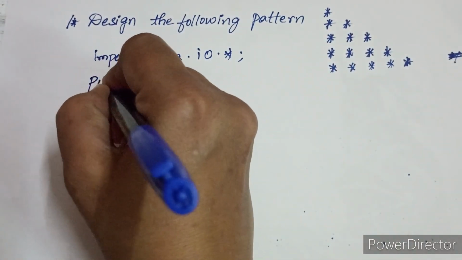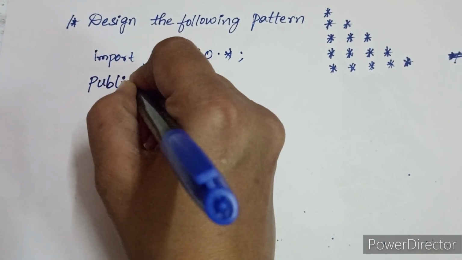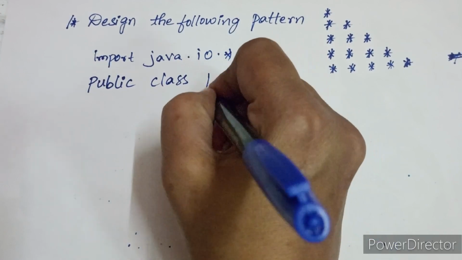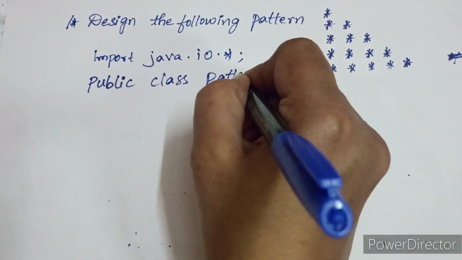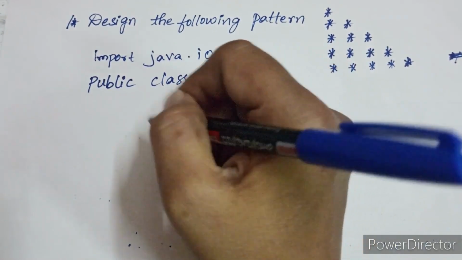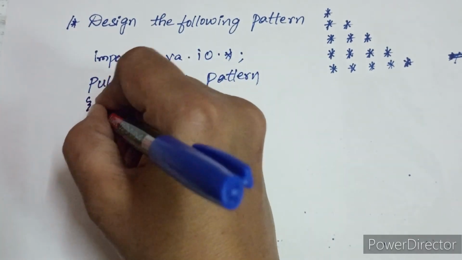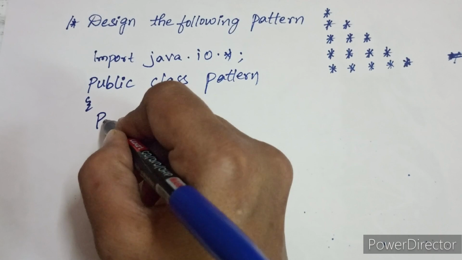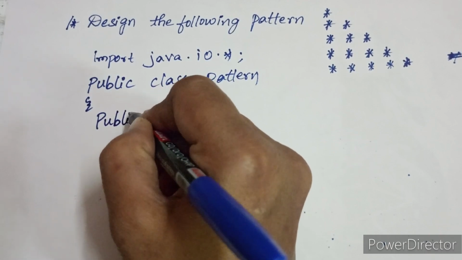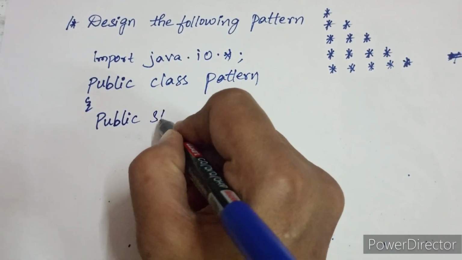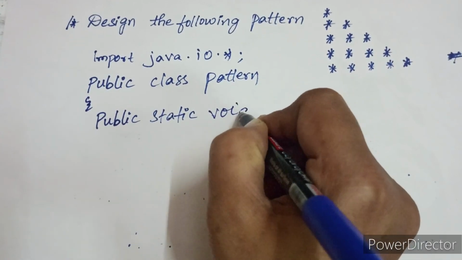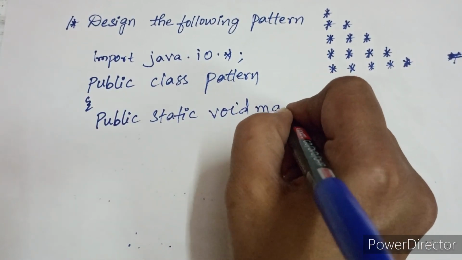Every Java program must begin with a class: public class, class name. The class name is a user-defined name, Pattern. Then every class must contain at least one main method: public static void main.